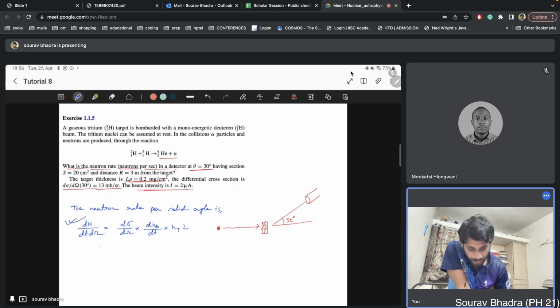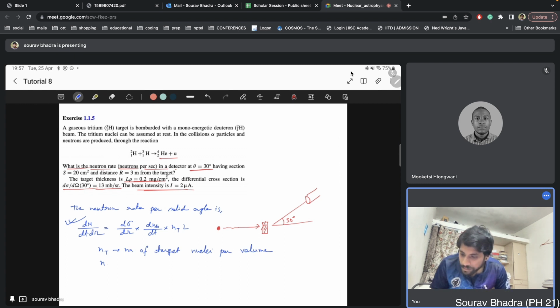Small nt is the number of target nuclei, for our case 1H3 per volume.